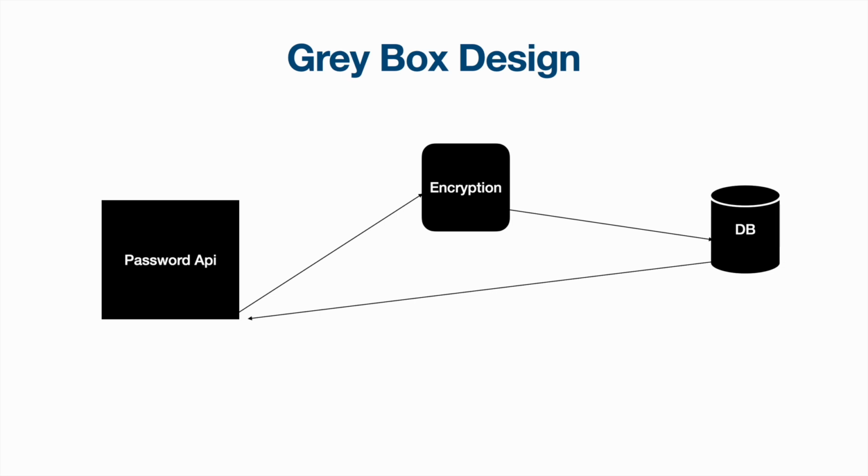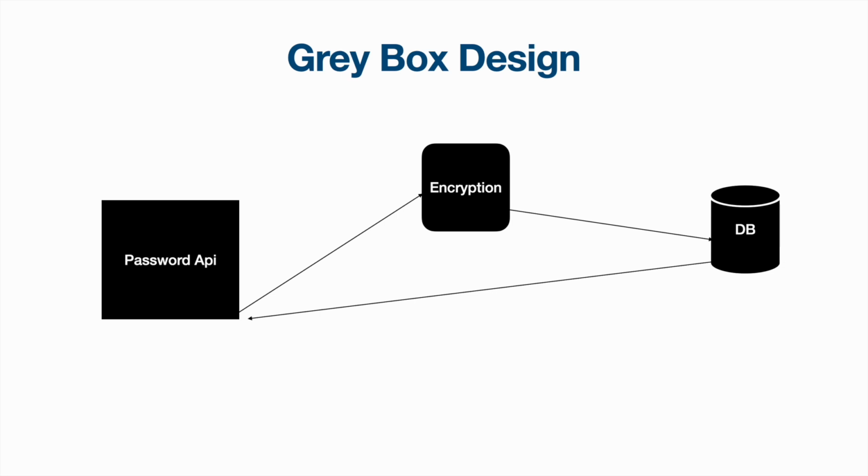When we perform gray box testing, the tester knows that the password API is going to call the encryption utility, which encrypts the password and saves it to the database. The tester doesn't have certain knowledge of how the encryption changes the plain password into an encrypted password.